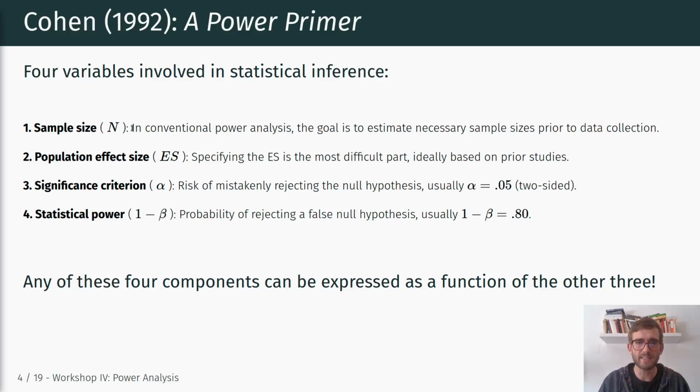All right, so that's the basic setup, right? We have a sample size, an assumed population effect size, a significance criterion, and statistical power. And power analysis leverages the relationship between these components in order to estimate, for example, required sample sizes, right?